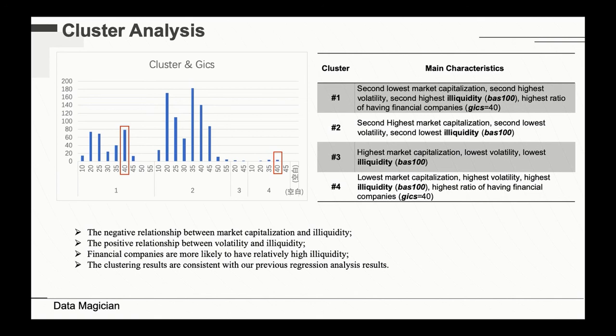But Group 2 has the second highest market cap, second lowest volatility, and second lowest illiquidity. Then we can draw the conclusions that there is a negative relationship between market cap and illiquidity, and a positive relationship between volatility and illiquidity. The financial companies are more likely to suffer relatively high illiquidity, and these findings are consistent with our previous conclusions.